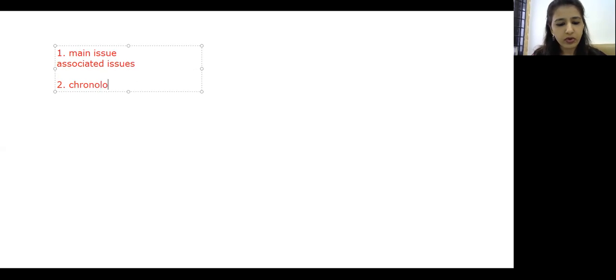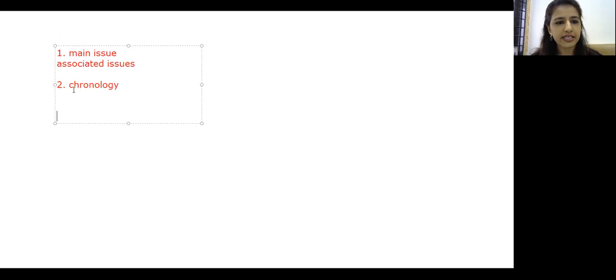Chronology is, for example, if you are describing a patient with Parkinson's disease, or a patient who has developed radiculopathy related to some spinal injury, and you want to show how the pain has deteriorated.